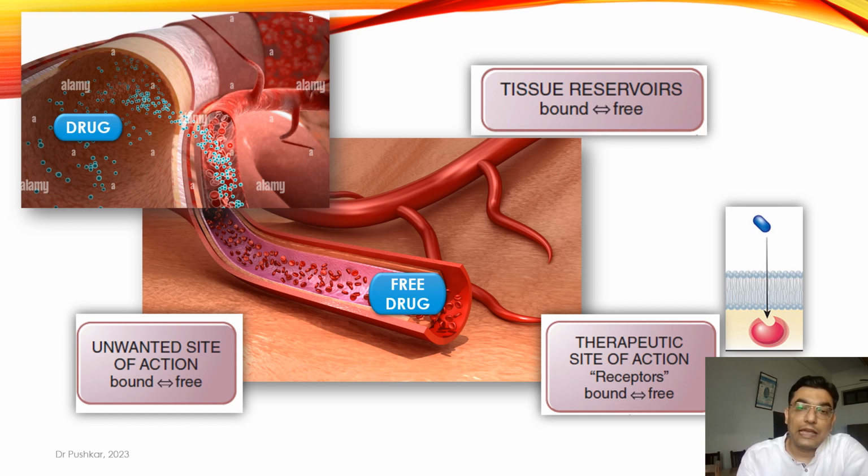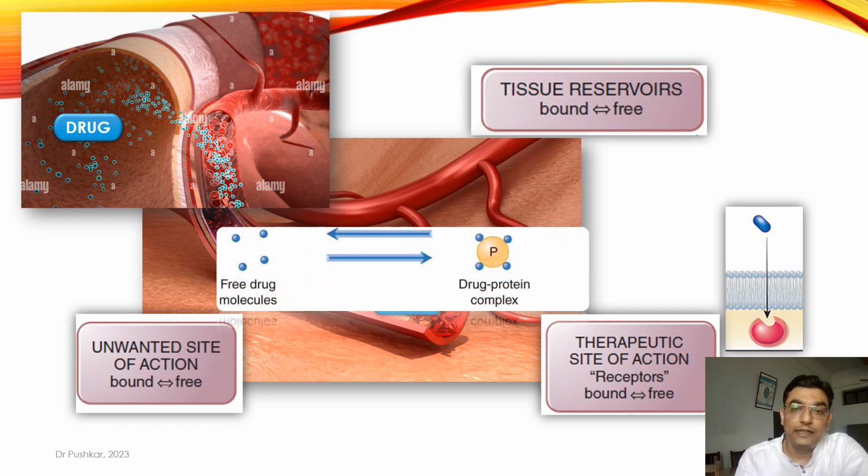In the blood there are also some proteins, and this drug will bind with these proteins and form the drug protein complex. This drug protein complex and the free drug will remain in equilibrium.